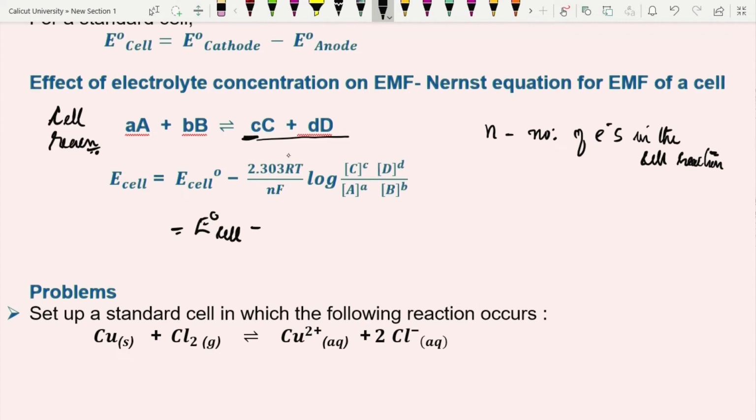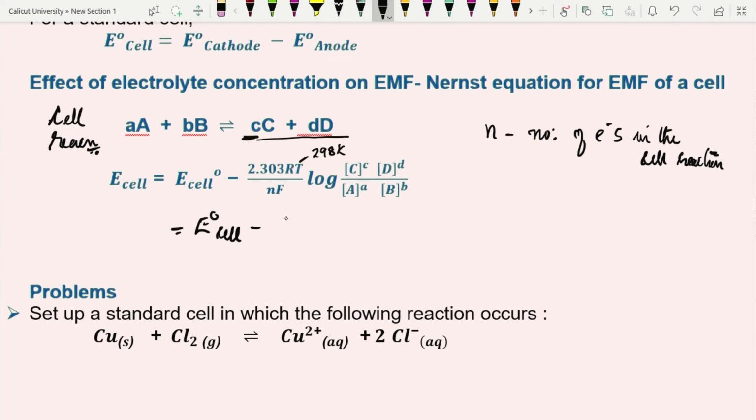Again, we can modify this as E naught of cell minus 2.303, which is a constant, R is the gas constant, T is 298 Kelvin, and Faraday is also a constant.